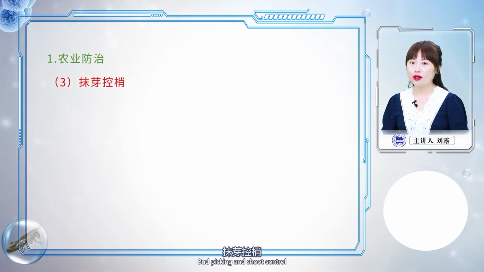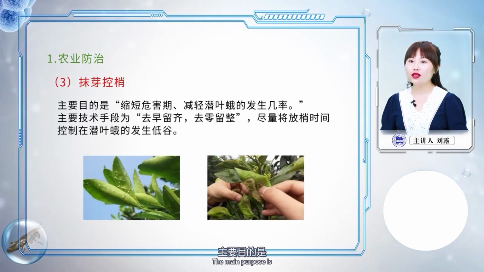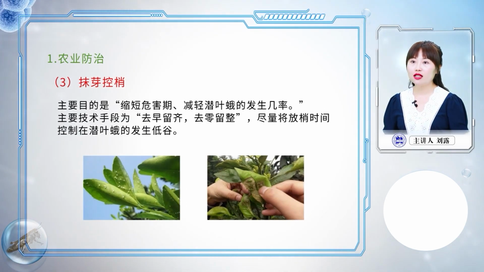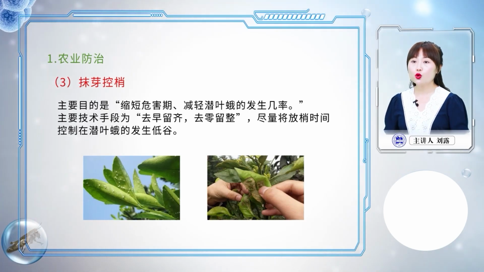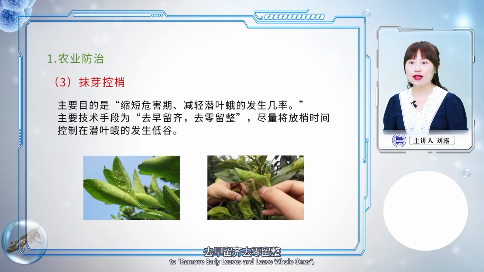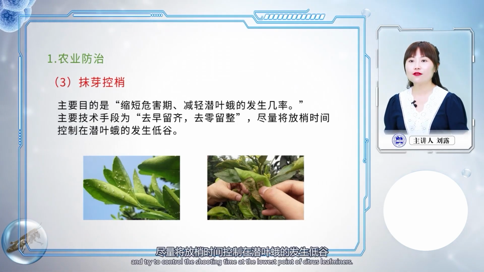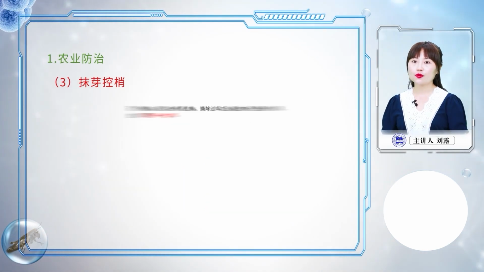3. Bud picking and shoot control. The main purpose is to shorten the damage period and reduce the occurrence rate of citrus leaf miners. The main technical means are to remove early leaves and leaf whole once and try to control the shooting time at the lowest point of citrus leaf miners.